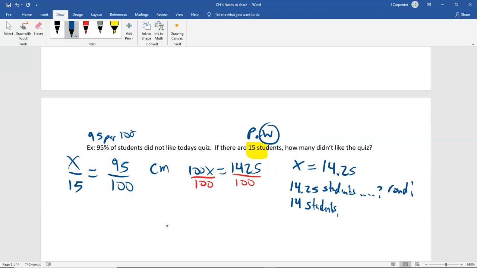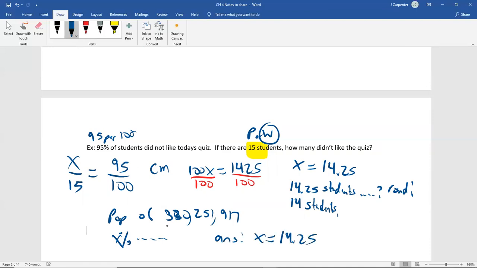Now, if I gave you a problem where I said, out of a population of 330,251,917, and then you had some percent, and your answer was x is equal to 14.25.